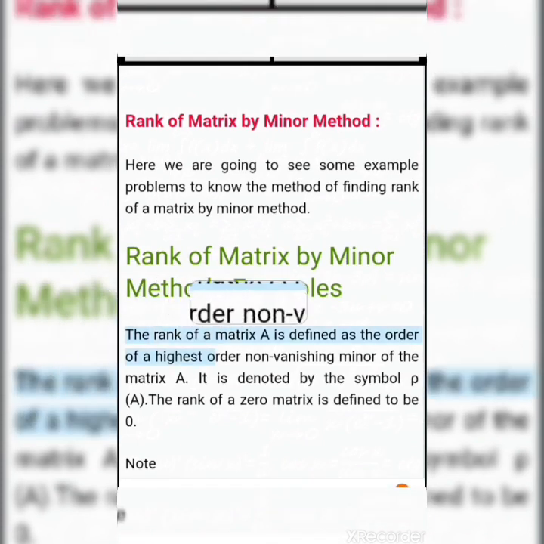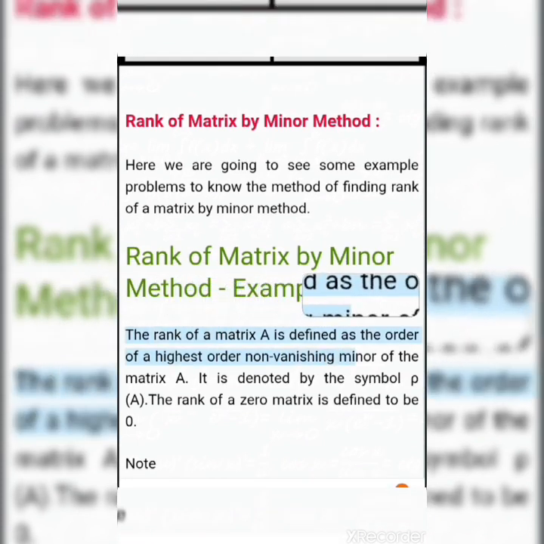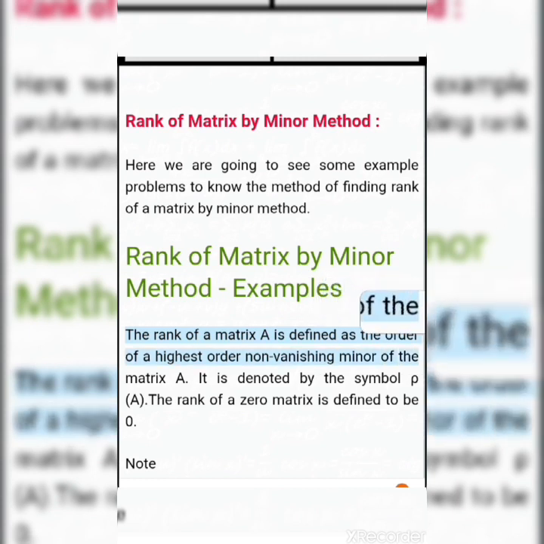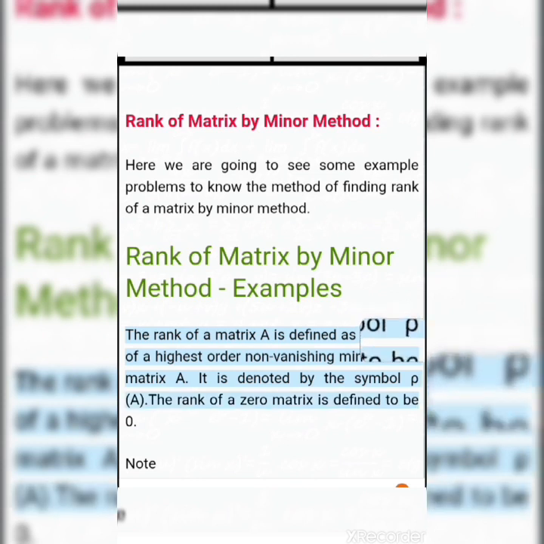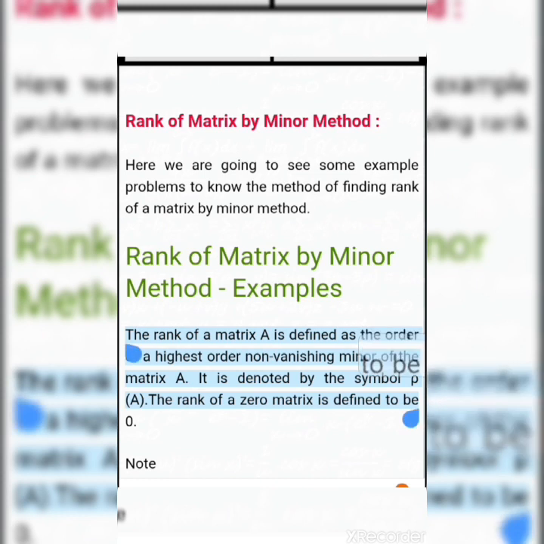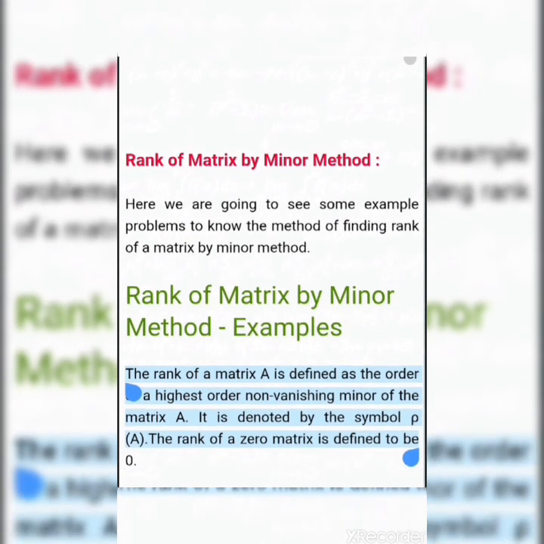The rank of the matrix is defined the order of a highest order non-vanishing minor of the matrix A. It is denoted by the symbol rank of A, row of A. The rank of a matrix, the rank of a zero matrix defined to be 0.